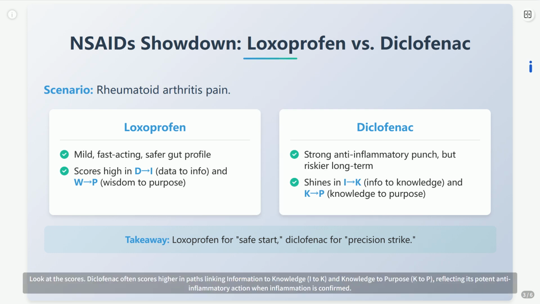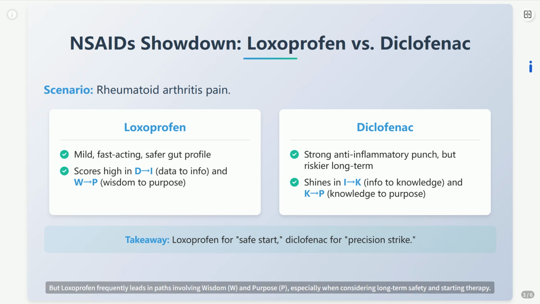Look at the scores. Diclofenac often scores higher in paths linking information to knowledge, I to K, and knowledge to purpose, K to P, reflecting its potent anti-inflammatory action when inflammation is confirmed. But loxoprofen frequently leads in paths involving wisdom, W, and purpose, P, especially when considering long-term safety and starting therapy.